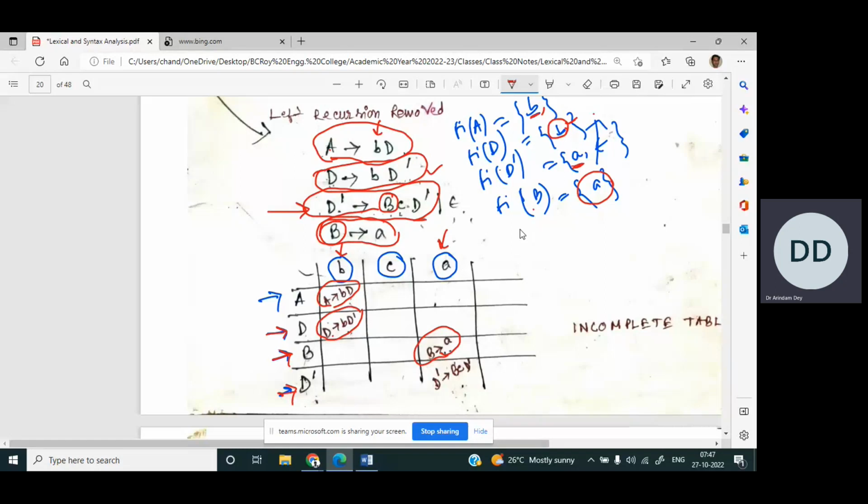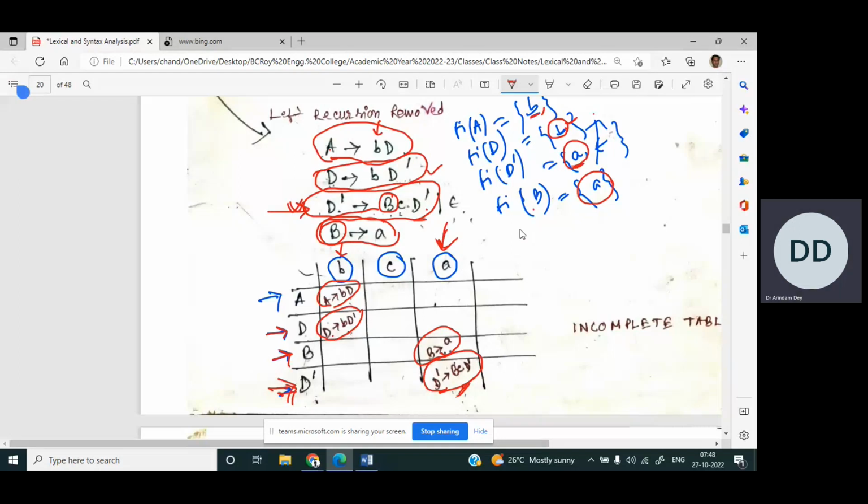So the parent production was D dash to B C D dash, from which we obtain the first of D dash as a. So I have to write that particular production D dash to B C D dash over here. The same thing we have written: to generate a, corresponding to row D dash, the required production rule is this one. Now if I don't consider the epsilon right now, then you can check that for all the cells, single entries are there.